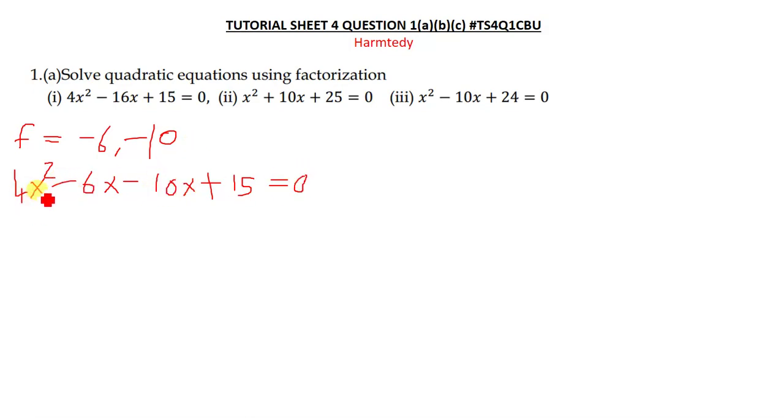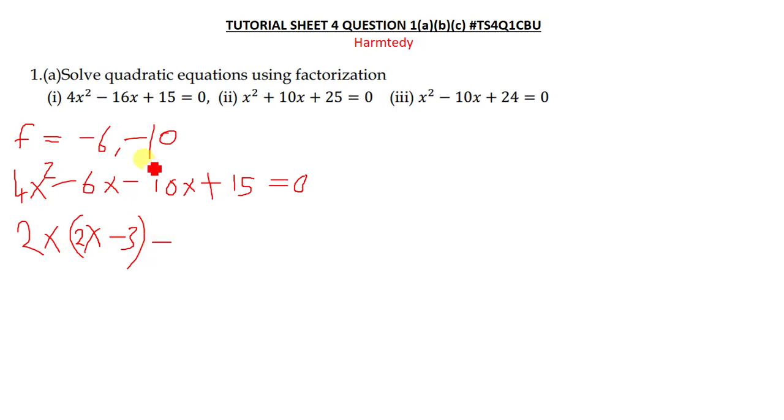Now you factorize. Which one is common between the first two terms? 2x can go into 4x squared. It can also go into 6x. So 2x into 4x squared will give you 2x, and 2x into negative 6x will give you negative 3.